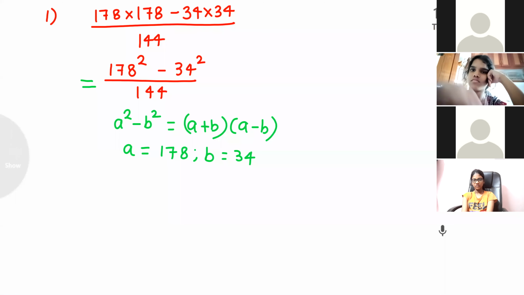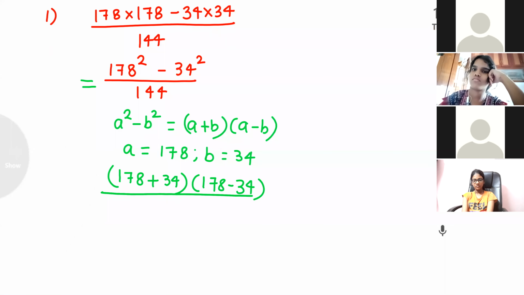Now we are going to apply the formula in the numerator. A square minus b square is equal to a plus b, a minus b. What is the value of a here? 178 plus 34, first bracket. Second bracket, 178 minus 34. I am not touching my denominator. Whatever denominator is there, I am writing as it is.